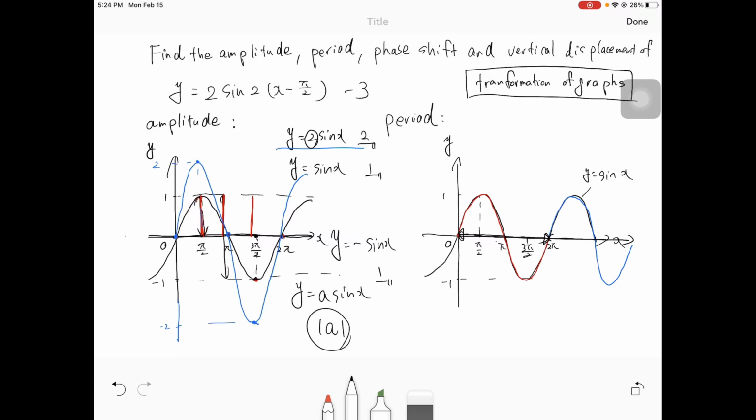Let me calculate it. This one is from 0 to 2 pi, so the period of y equals sine x is 2 pi. That's the period. So let's compare. Let's find another graph, y equals sine 2x. What's the period of this graph?